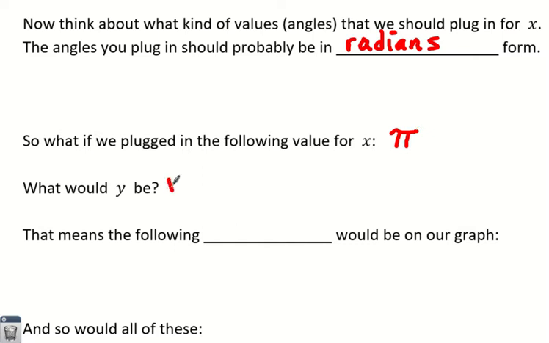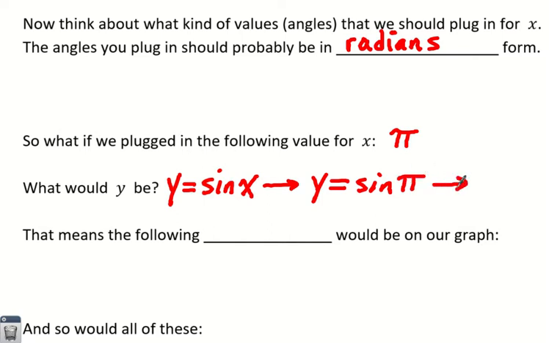Well, again, from the equation, y equals the sine of x, that would be y equals the sine of pi. And what is the sine of pi, which again is equivalent to sine of 180? Wouldn't that be 0? So the sine of pi, you'd get 0.